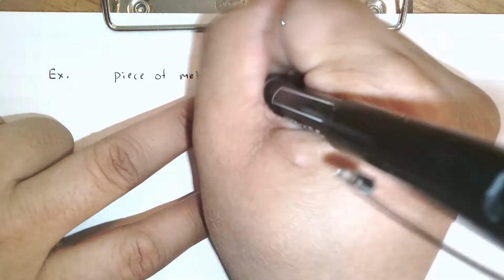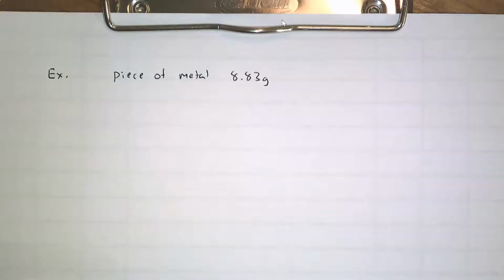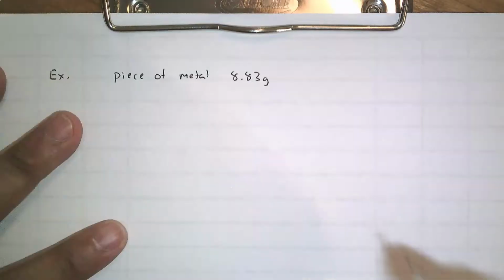And let's say we have a piece of metal, or a chunk of metal, that's 8.83 grams. I'm using the same numbers as the cover slide. We're going to get the volume by water displacement.